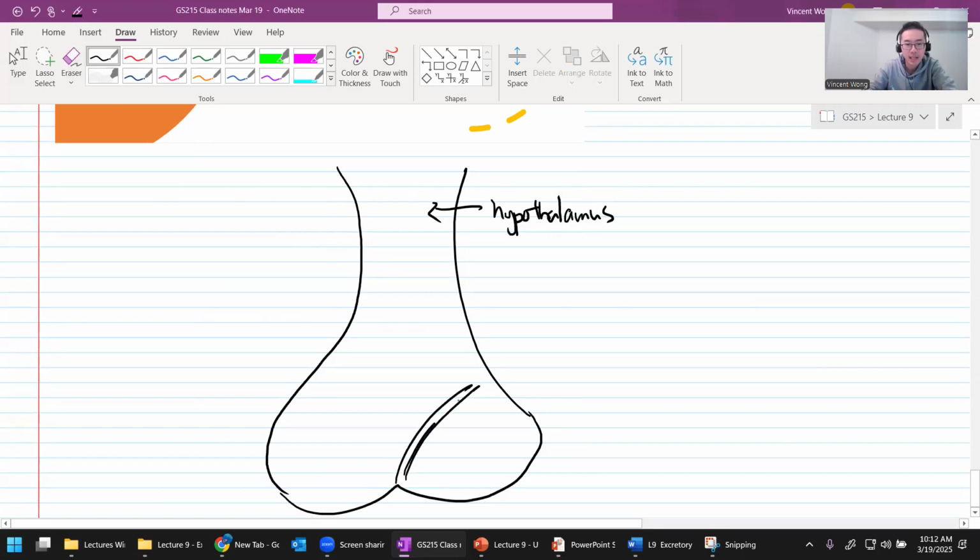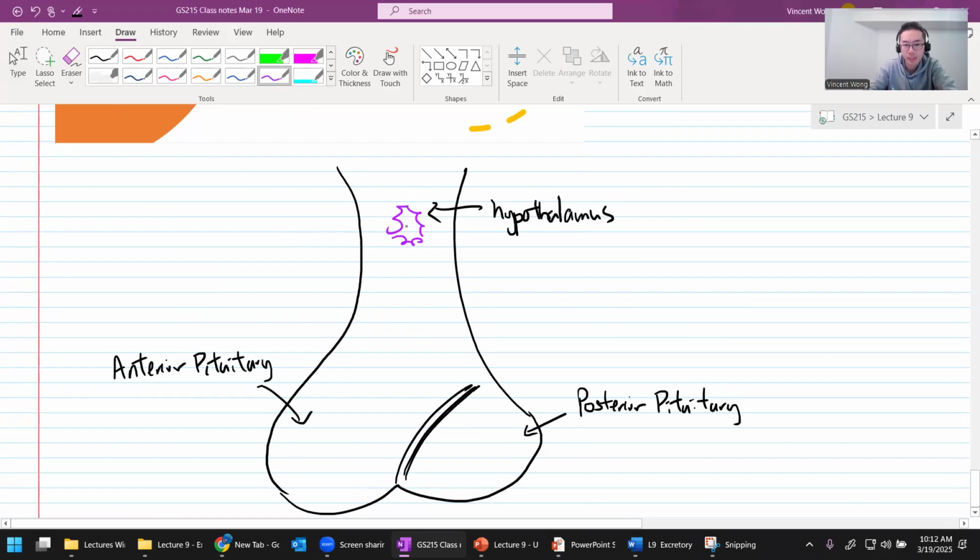And connected to the hypothalamus is the posterior pituitary and the anterior pituitary. So there are neurons. Again, you don't need to draw this. You just have to listen. We'll draw this out next time when it's more relevant. We're going to add more details to it.